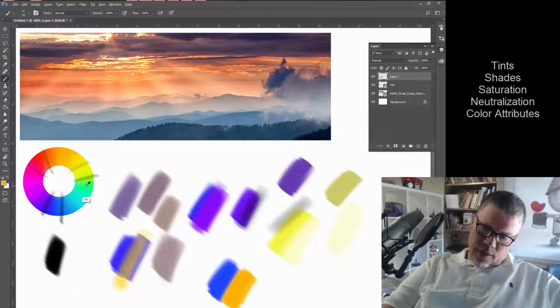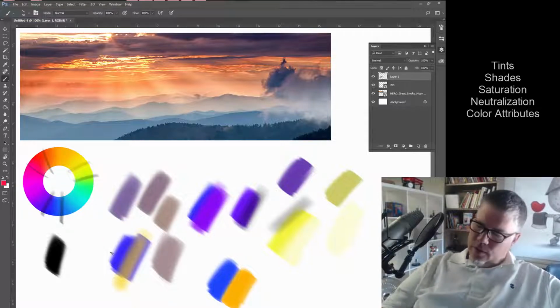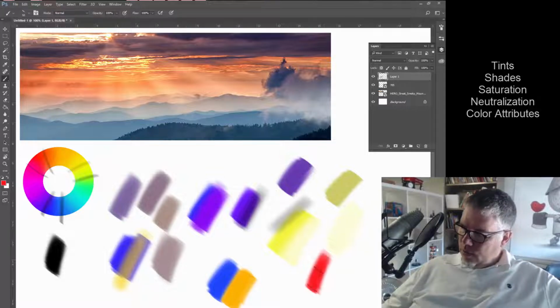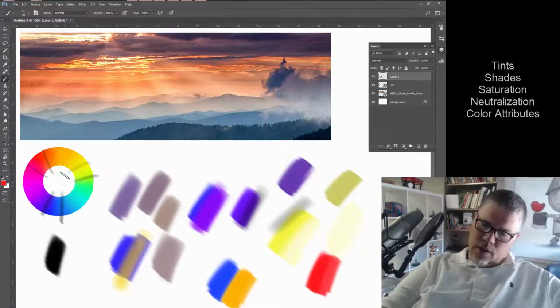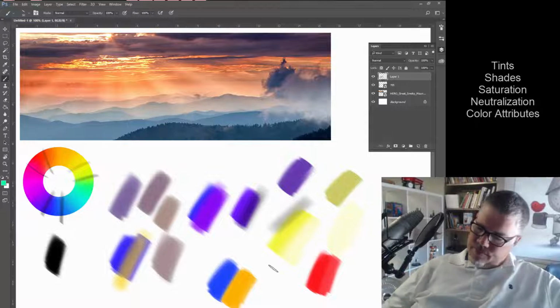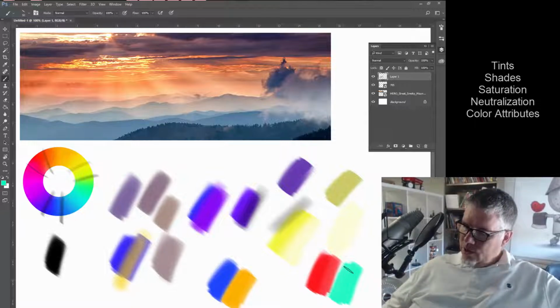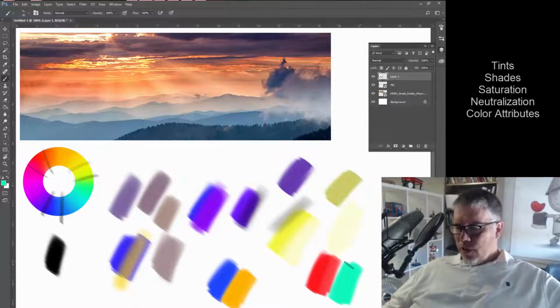And then if you take red, so red is definitely one of the primary colors, right? And its opposite is green. And these two colors, their interesting attribute is that they're both super intense. Value-wise, they're about the same value.